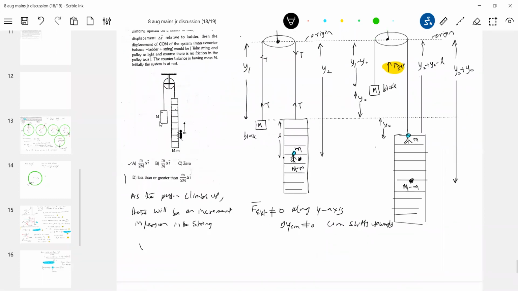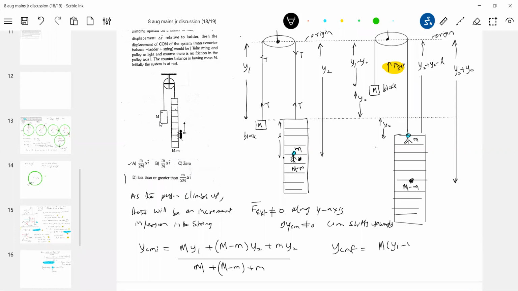So YCMI is equal to M Y1 plus (M minus small m) Y2 plus small m Y2, divided by capital M minus small m plus small m. What about YCMF?